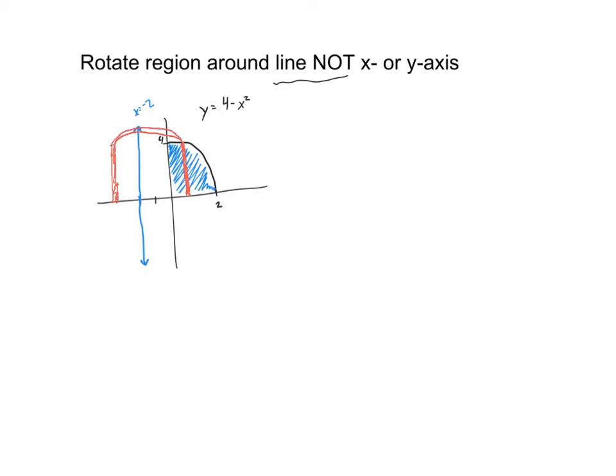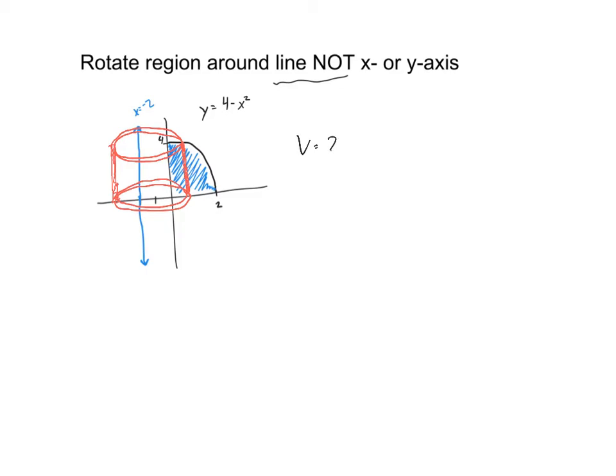There we go. And there. So there's my shell. Great drawing. Beautiful. Okay, so that's the shell that I'm finding the volume of and adding them up through the region. Let me rewrite my formula from before.